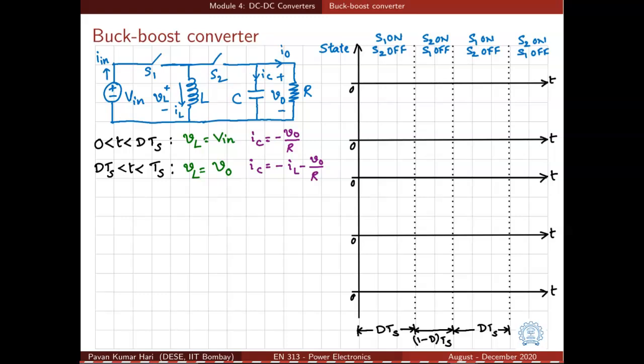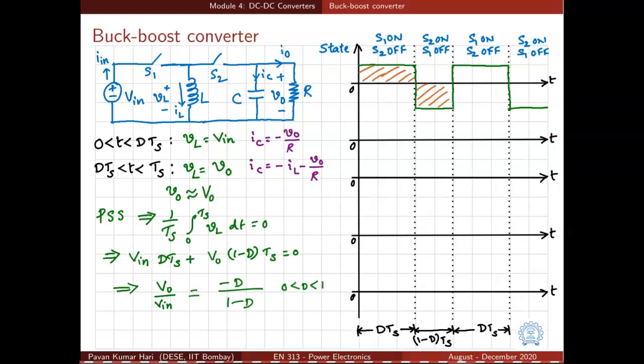Then volt seconds are balanced, right? So the duty ratio can be changed, as in the switch S1 can be on for a longer time or S2 can be on for a longer time. That means magnitude wise, the output voltage can be more or less than the input voltage. That is why it is a buck boost converter.